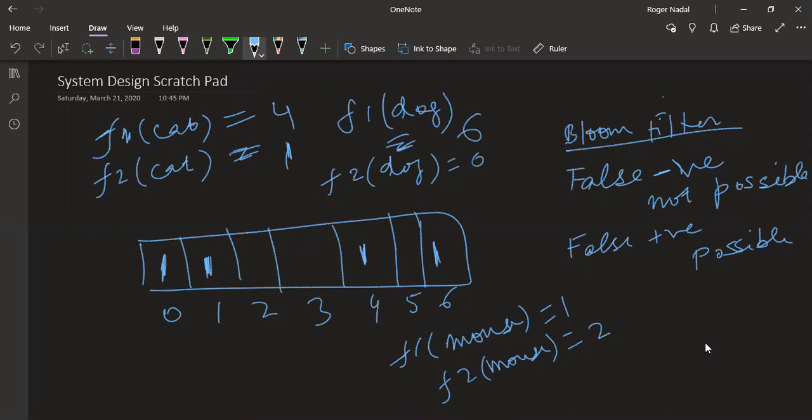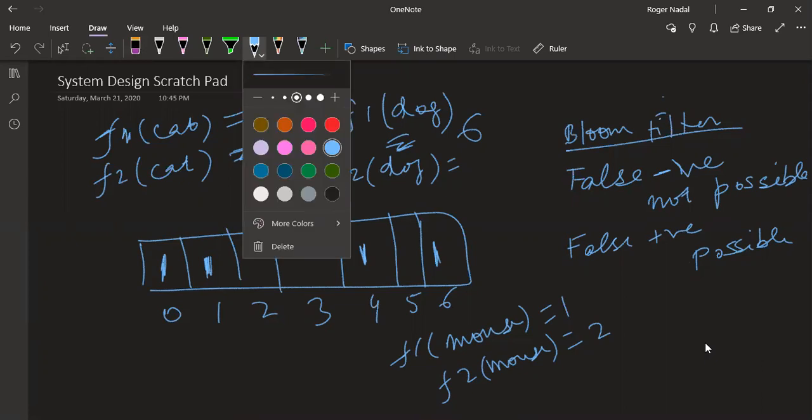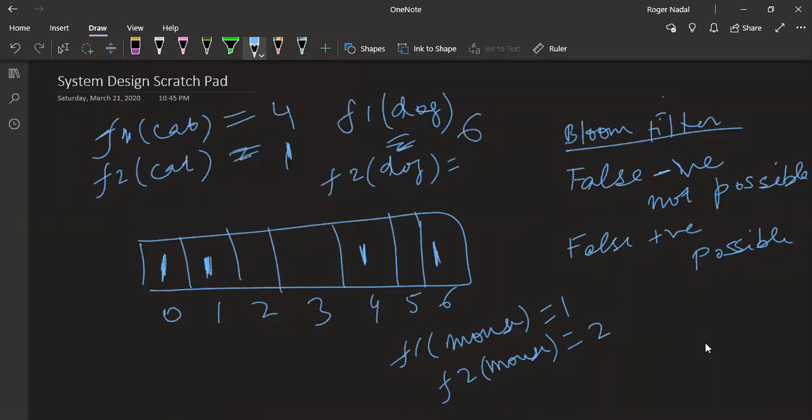Problem could have happened here. Like suppose F1 of dog was 6 and F2 of dog was 1, for example. Or actually, what I want to show is a clashing scenario where you will report that it is there when it is not. So in this example itself, F2 of mouse, let's not make it 1, but let's make it 6.